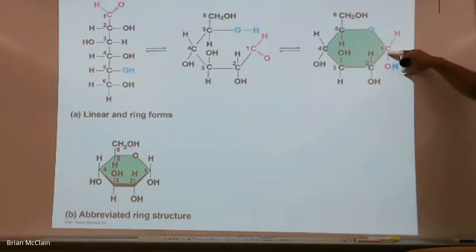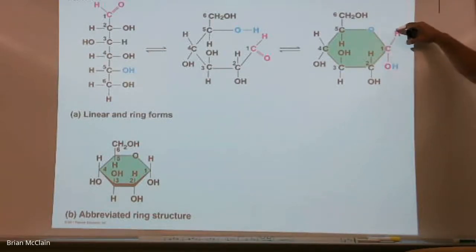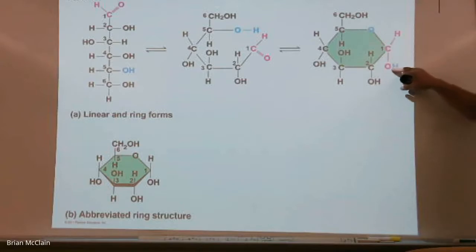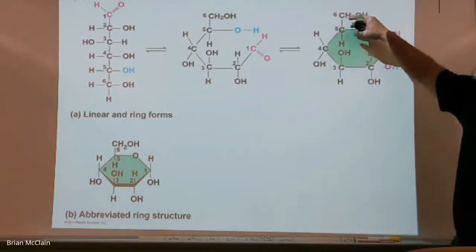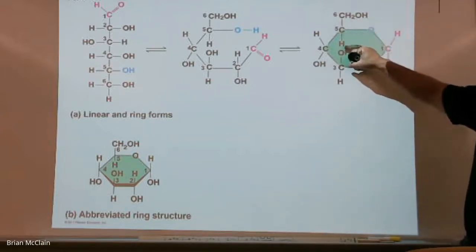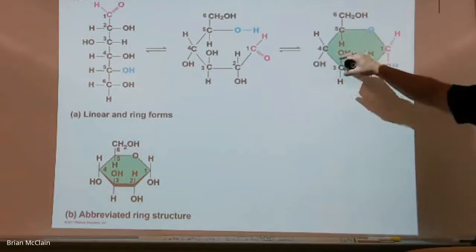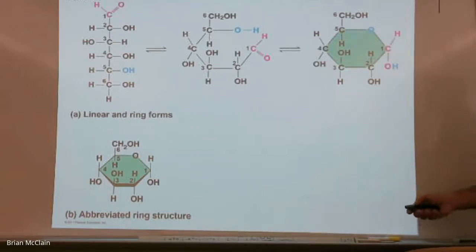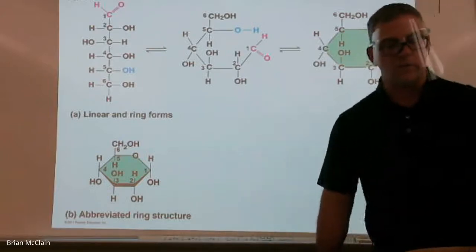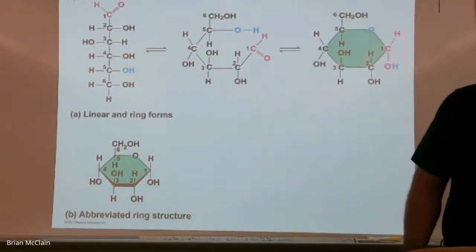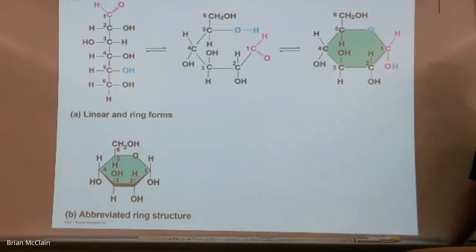So position number 1, we have hydrogen in the up position, we have hydroxyl facing down, HOH, OHH, HOH, and then up here we have a branch that comes off of it with the 6th, and then there's a hydrogen that breaks off of that. So that is going to give us what our typical glucose configuration looks like. Okay? Now, we'll see some other images of this, and we'll look at some of the diversity that goes on within those molecules.